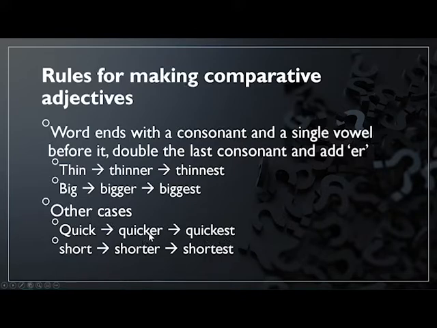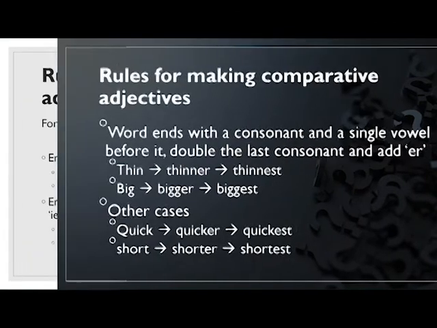You can see that it doesn't come under the first rule. Another case is short. Short is an adjective; the comparative adjective is shorter, and the superlative adjective is shortest.